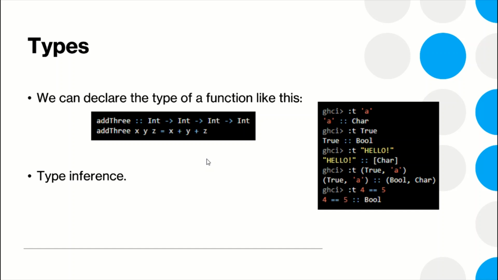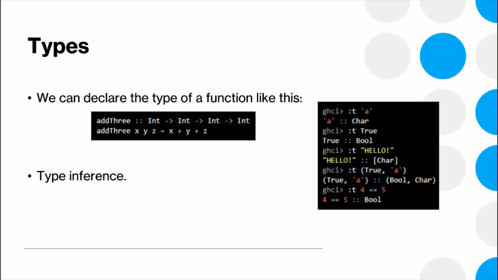Haskell has type inference. That means that we don't have to specify the type of all the variables. Haskell can infer. So for example, if we ask for the type of 'A', it's going to return Char. The type of True is Bool.